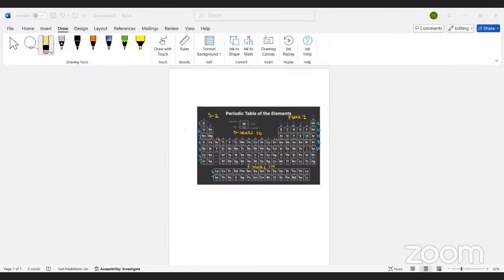Well, yeah, this is one of the examples right here for electron configuration, one of my documents.